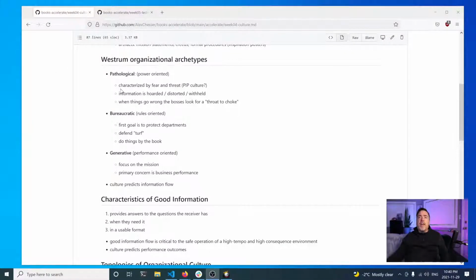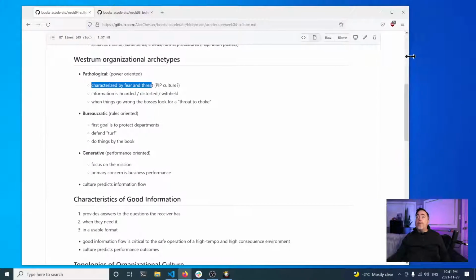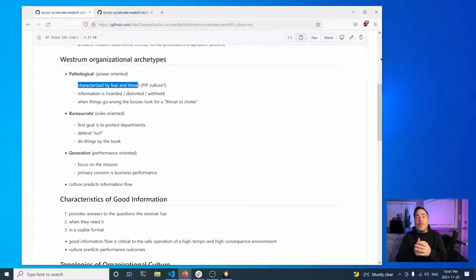And if I look at that, so we've got our pathological organizations. Maybe they're characterized by fear and threat going on within, maybe you're worried about the future of your employment if you happen to work at some of these places, and they're very marked by a lot of political and Machiavellian intrigue, and information in these organizations is often hoarded, distorted, and withheld across teams and within teams because people are looking to cover their own backs.